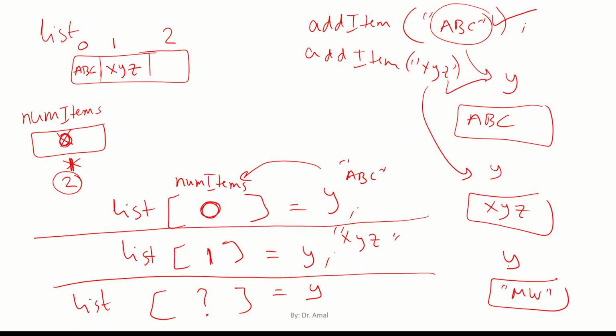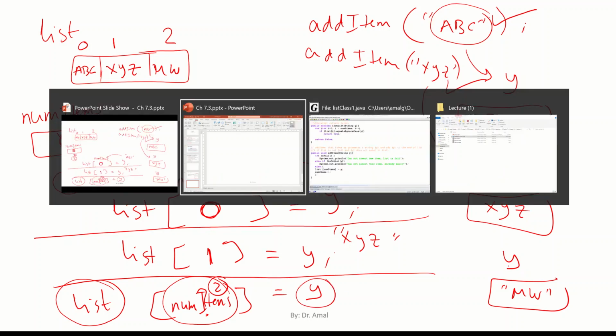Then we can add the item here, where the number of items currently has the value 2. So the idea of adding items to your array, one item at a time, is that you go to the name of the array, use the number of items as the index, and set it equal to the value you would like to add. So let's implement this.